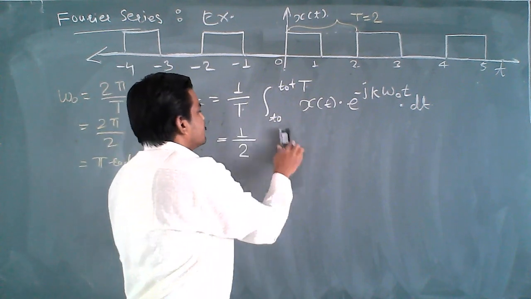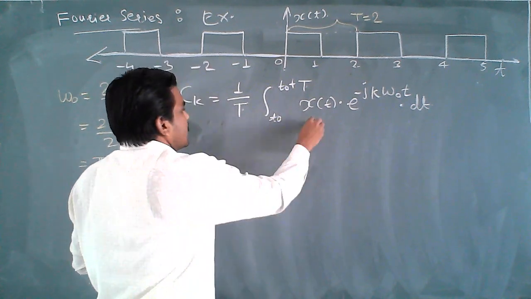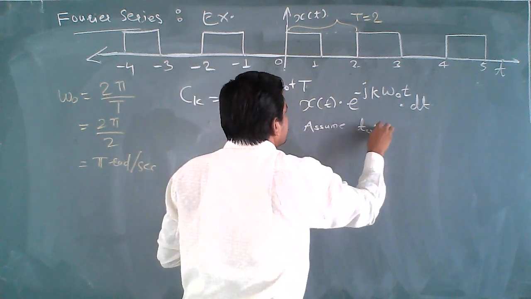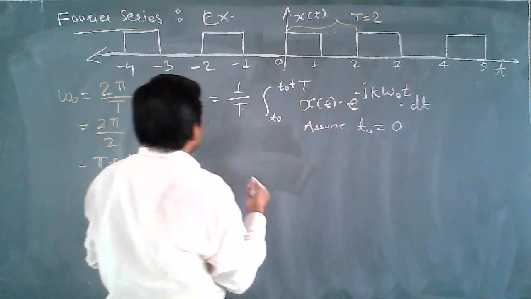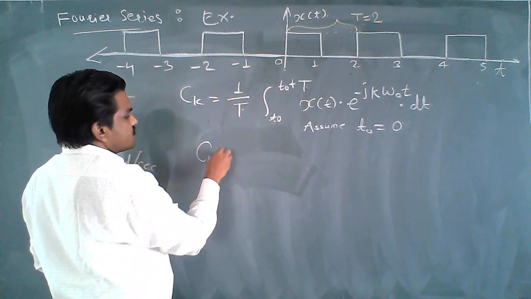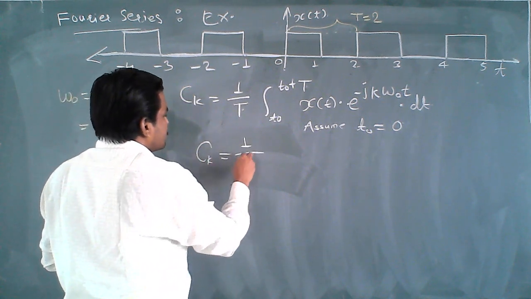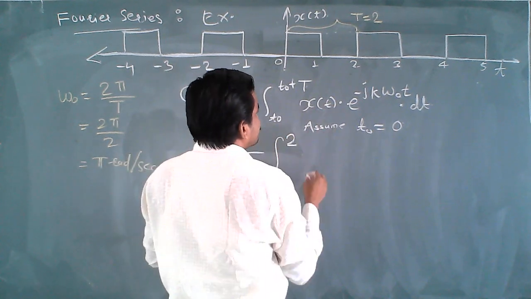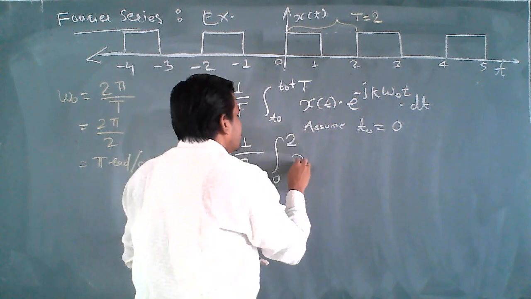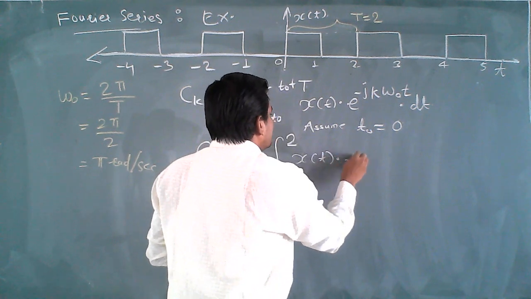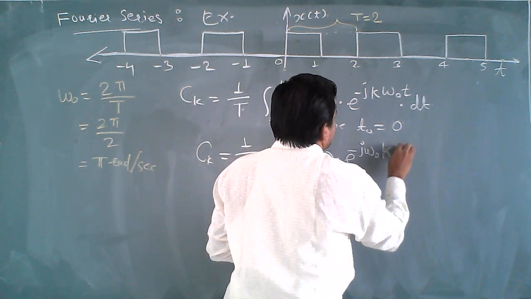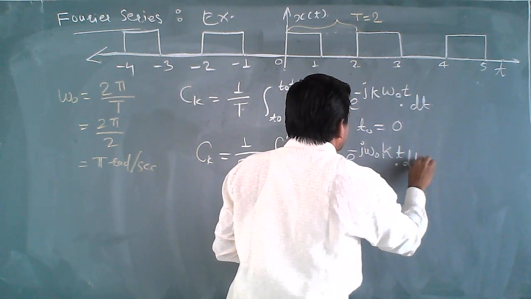Before starting, I will assume t0 is equal to 0. If I assume t0 equals 0, then Ck becomes 1 by 2 times the integration from 0 to 2 of x of t into e to the power minus j omega 0 k t dt.